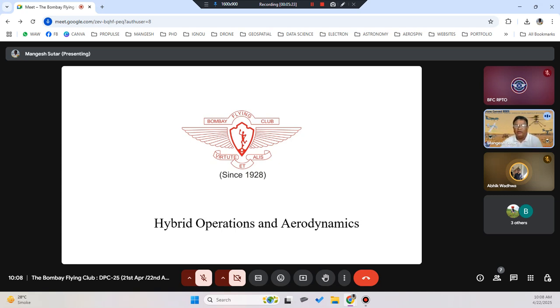When you are flying a drone during the practical sessions, you will be given a circuit. You may fly a triangle, a rectangle, or a right angle triangle, all that kind of thing. You might have to create a right side square, left side square, right side triangle, left side triangle. All those patterns we will be creating. Before that, we will be practicing on the simulator.